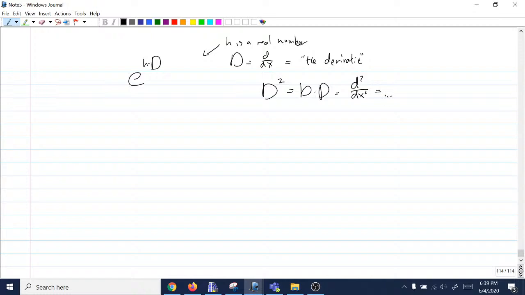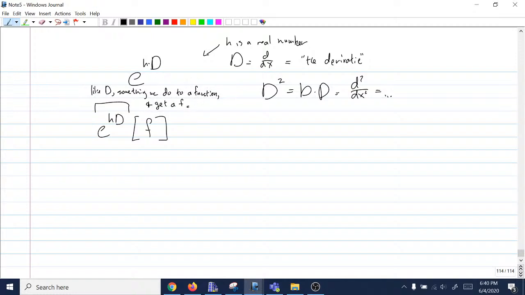The derivative is something I do to a function. To understand what e to the hD is, I want to apply it to a function, and it will give me a function. D is something we do to a function and get a function.